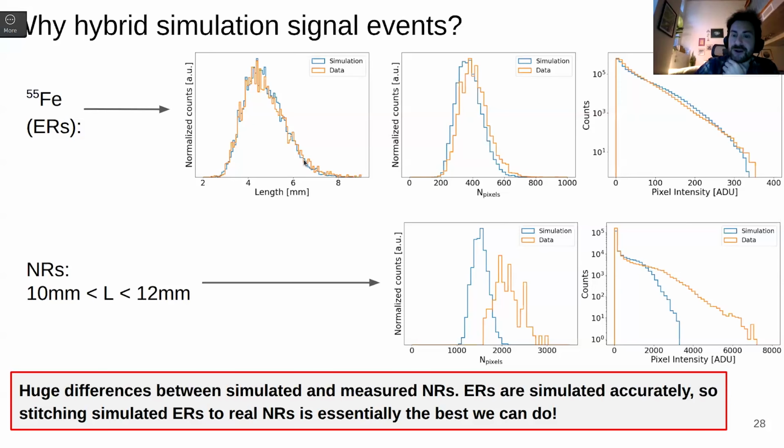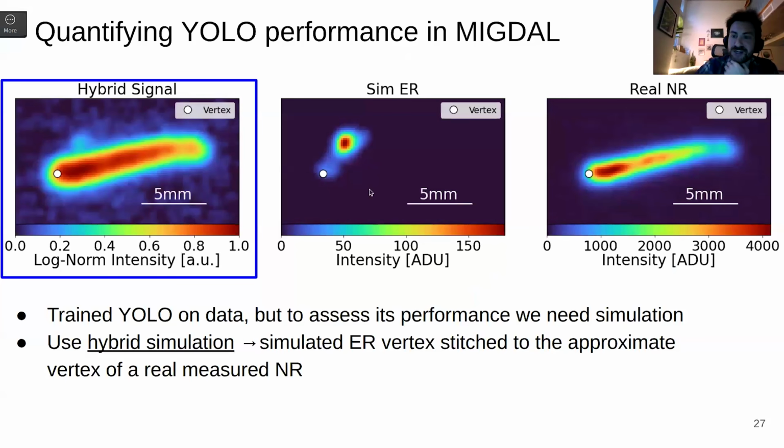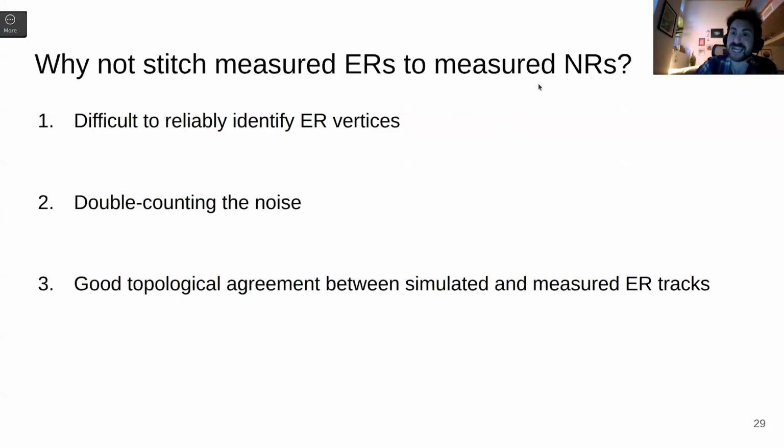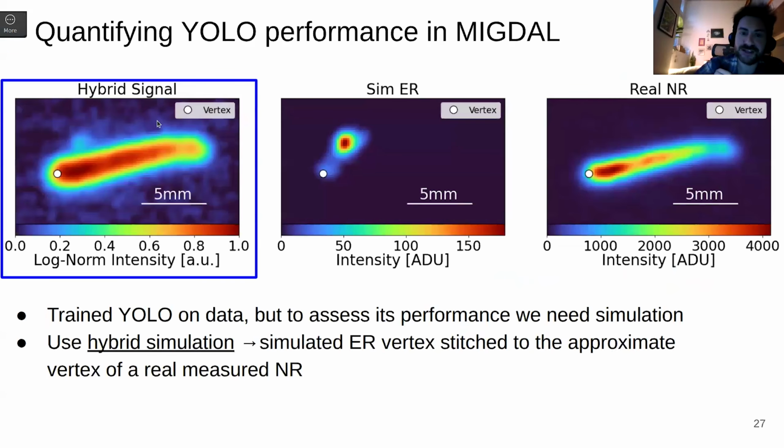You might be wondering, if we're stitching events together like this, why are we simulating at all? Why aren't we just using real electron recoils and real nuclear recoils? These are the reasons. Based off of the physics of how electron recoil tracks are generated, finding their vertices a priori is a really challenging thing to do. That's a huge endeavor in and of itself.